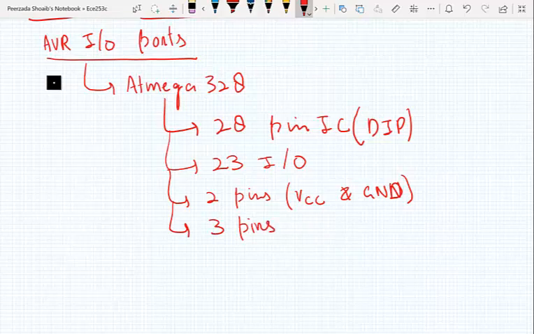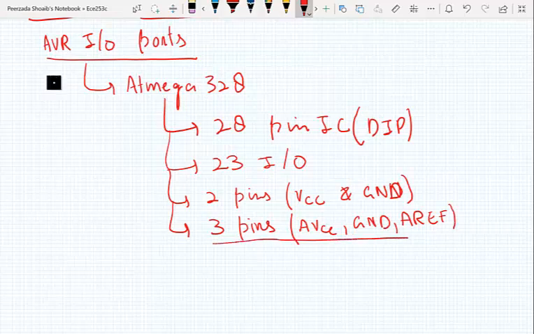Since ATmega328 has an inbuilt ADC, we need to power up that ADC, so 2 of these pins are used for powering up the ADC present inside ATmega328. We call them AVCC and ground again. And there is one more pin used with respect to ADCs, known as analog to digital converter reference, AREF. We'll be discussing these pins in more detail when we discuss the analog to digital converters of AVR microcontrollers.